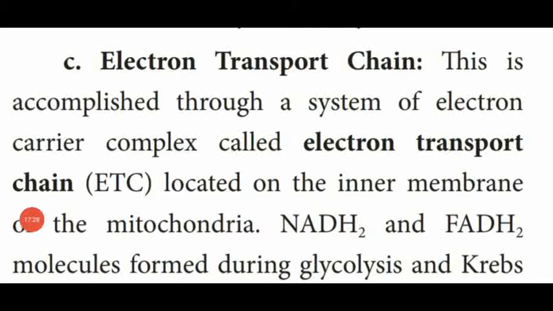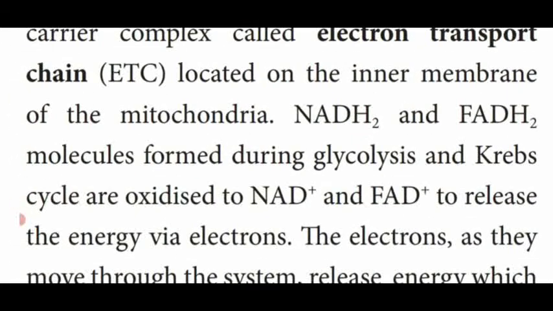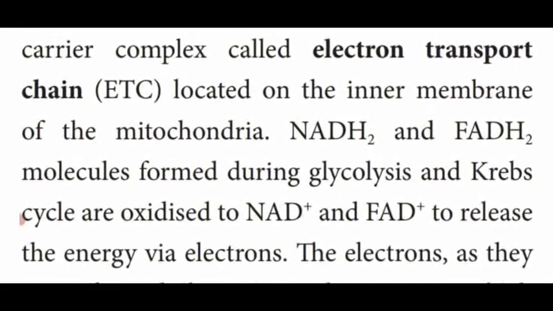Next one is the electron transport chain. Here, the electron carrier complex takes part in this process. During the respiratory process, certain amounts of electrons are liberated. These electrons are located in the inner membrane of the mitochondria and transported through different enzymes.